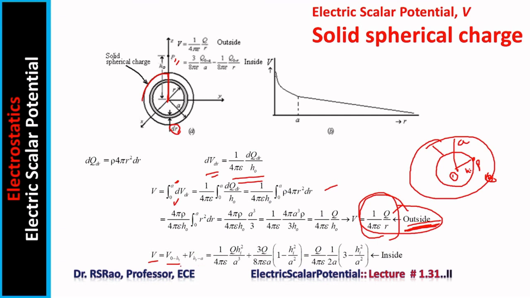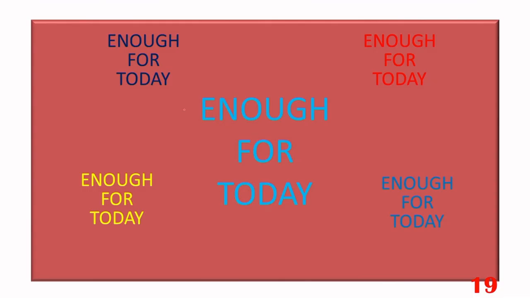The charge between 0 and hi is given by this formula. That between hi and a is given by this formula. By performing certain integration, one can easily find it. Ultimately, summing these two, we get this. So this is what I want to share with you.